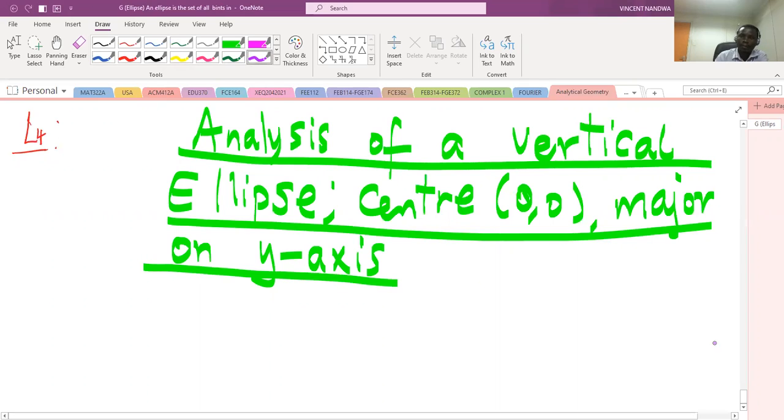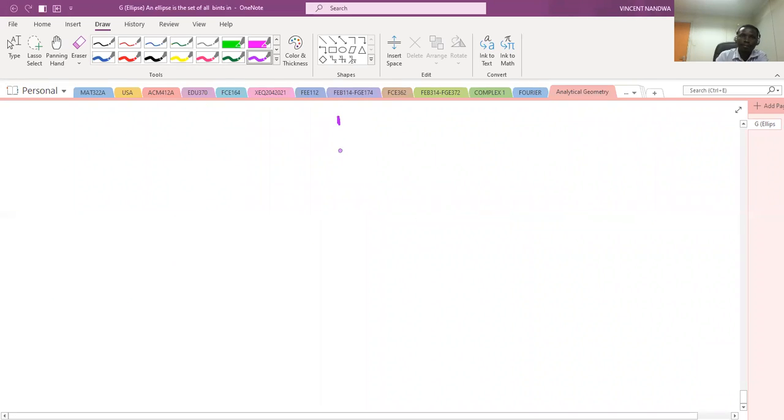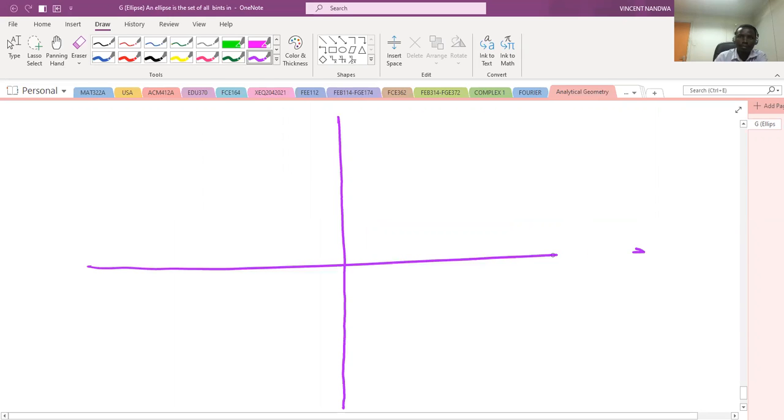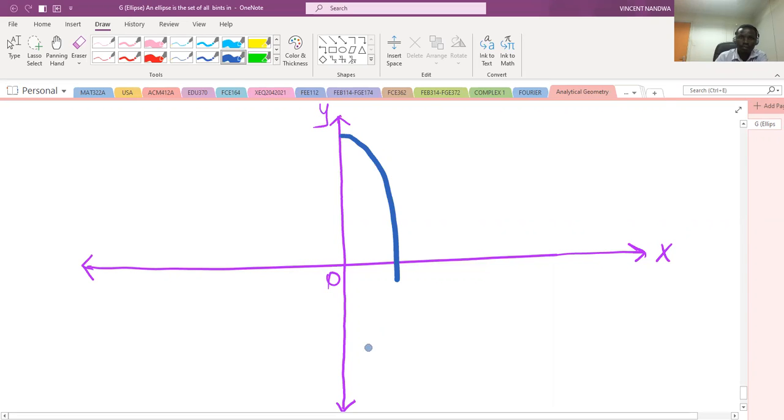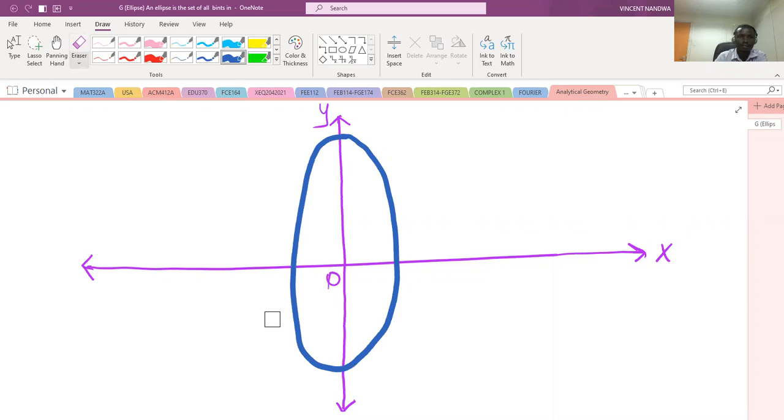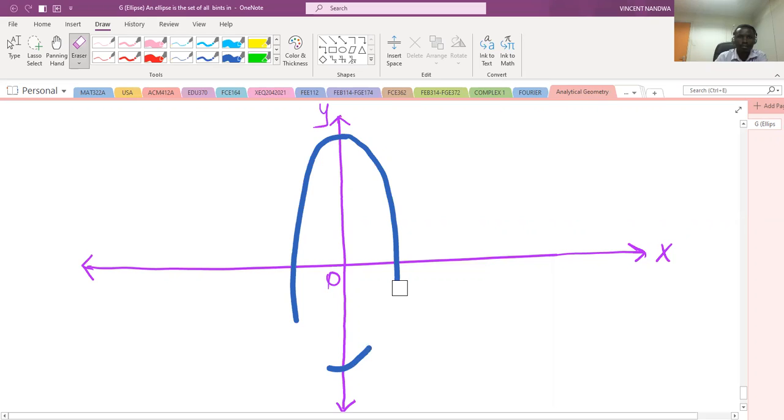So let's draw the sketch. This is X, this is the center, this is Y. So this is what you have.